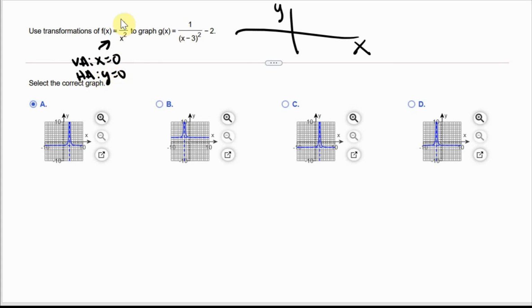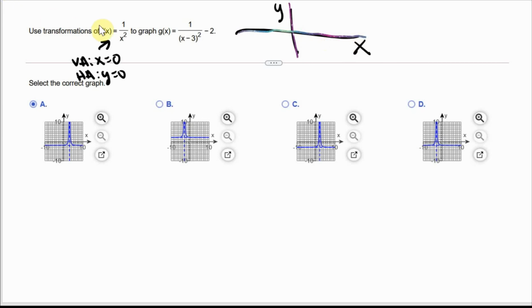It's always positive because 1 is positive and x squared is always positive. So its graph, remember the vertical asymptote is x equals 0. Well, that's this line here. And then the horizontal asymptote is y equals 0. That's the x-axis. That's that line there.